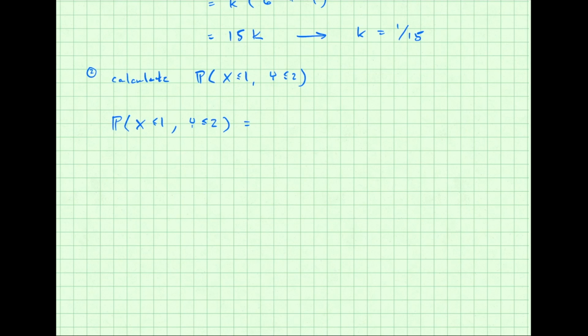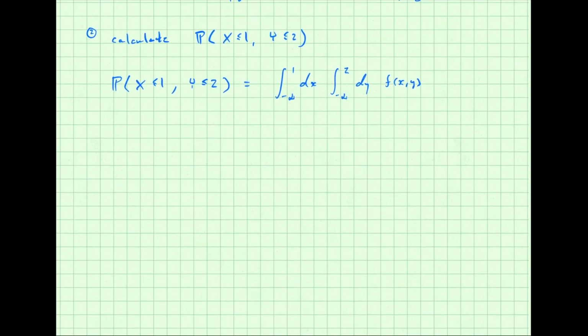All right, and so we've got two integrals here. So technically x goes from minus infinity to 1, and y goes from minus infinity to 2 dy, and then you would put the whole function in here, f of x and y. But of course that f is going to clip those integrals so that they only go from 0 to 1 and 0 to 2.